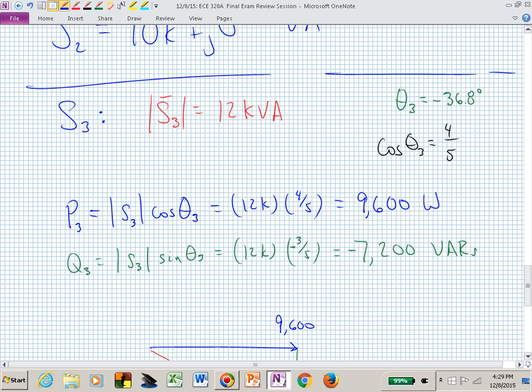So the 4/5 is the cosine of theta sub 3. This is the sine of theta sub 3, but this was the sine of minus 36.8 degrees, and that's why we get a minus 0.6.